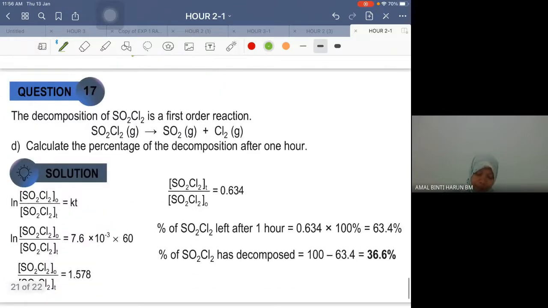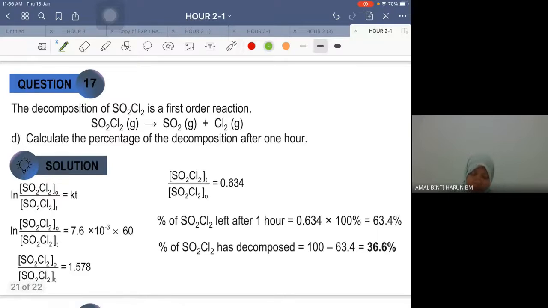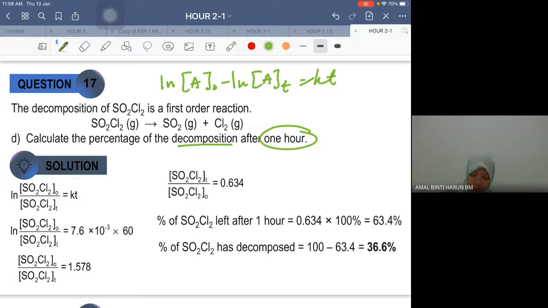D. Calculate the percentage of decomposition after 1 hour. Okay, dia adalah first order. So ln A initial tolak ln A time equals KT, formula ni.